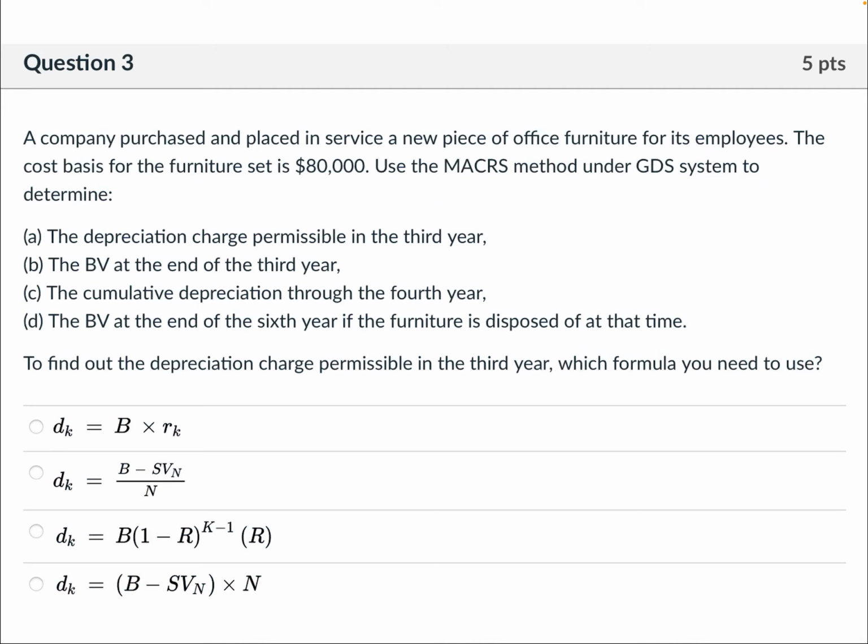And so this question is to test your technique about using MACRS under GDS system. So a company purchased and placed in service a new piece of office furniture. Okay, so this is the type of asset we're talking about.